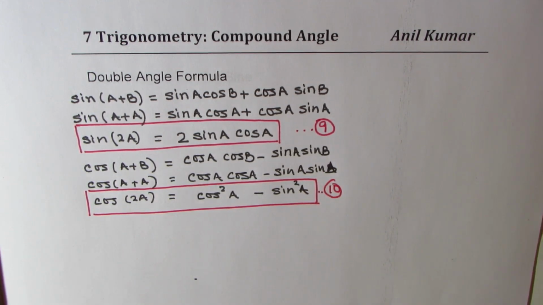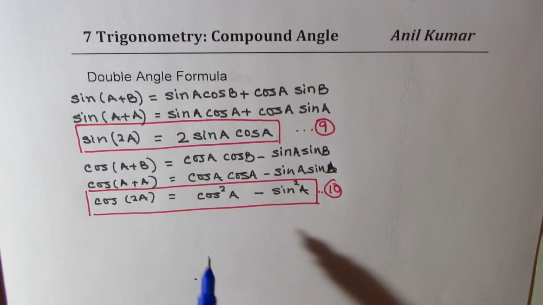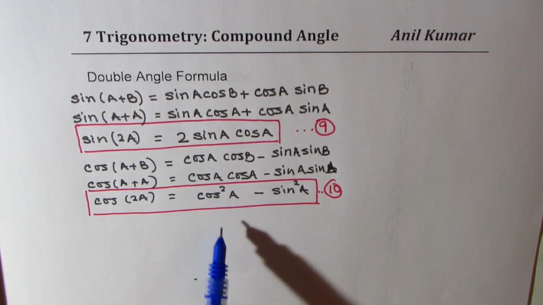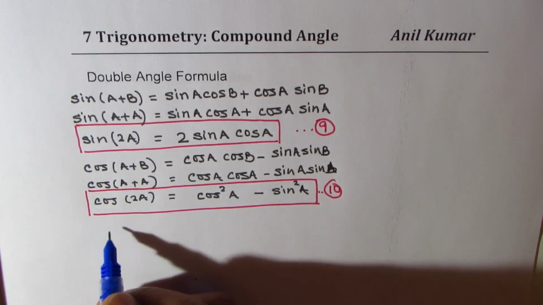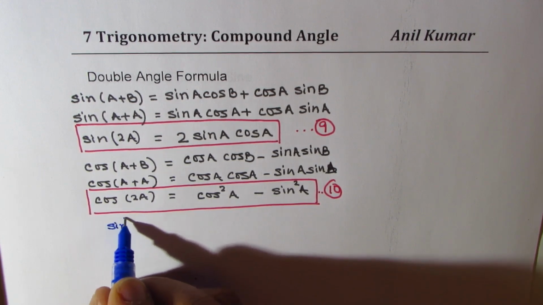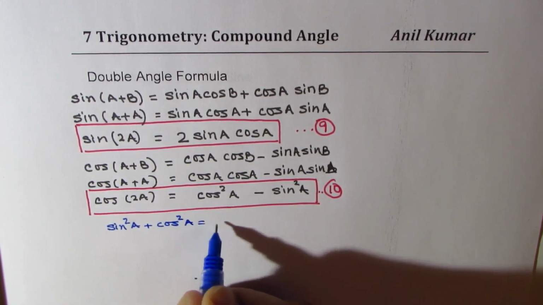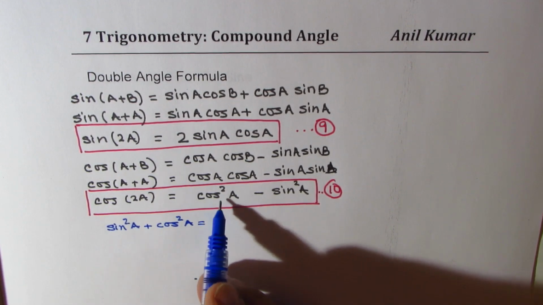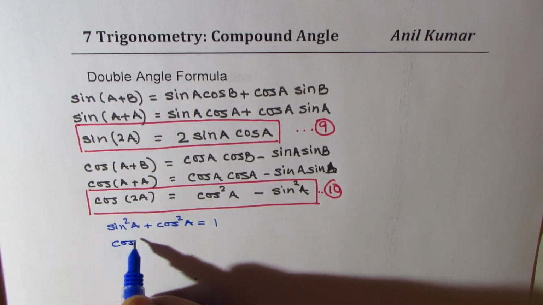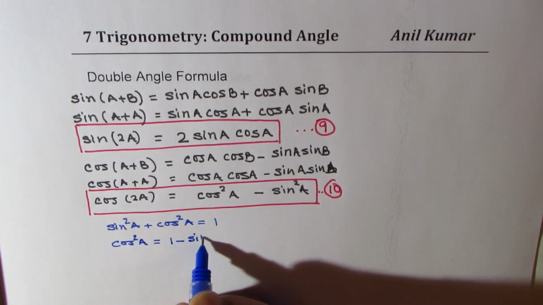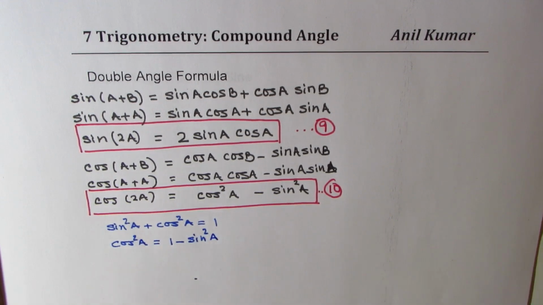Now the interesting part here is that the cos 2A formula can be written in many different ways. Since we know that sin square A plus cos square A is 1, you could write cos square A as 1 minus sin square A, so you get a different formula.